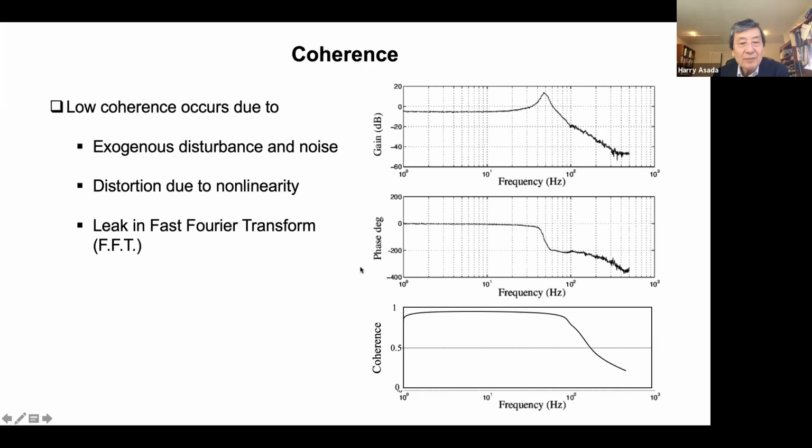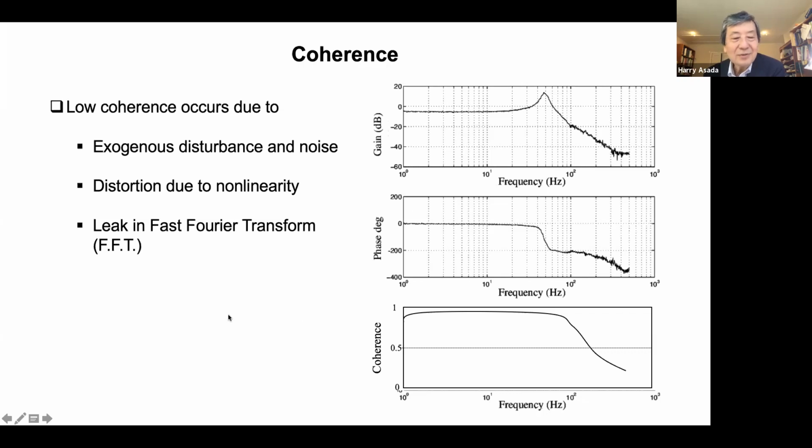And also some unmodeled effects such as nonlinearity. Every system has some nonlinearity to some extent, right? And the question is, to what extent does the system have a nonlinear effect? If some part is nonlinear, this coherence goes down.